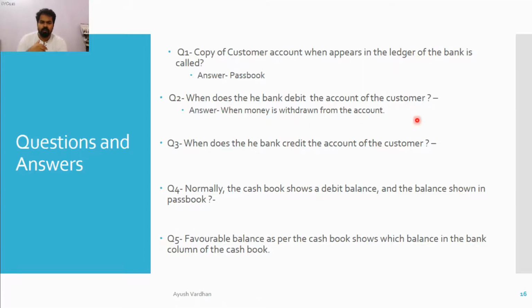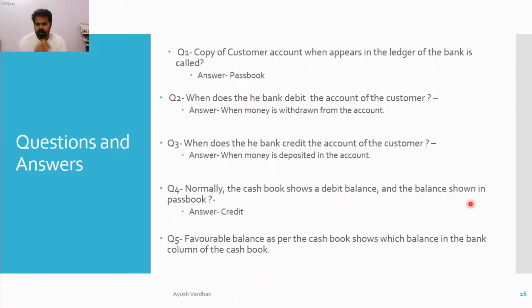If you are withdrawing money, that is debit, and if you are depositing money, that means credit. Normally, the cash book shows a debit balance, and the balance shown in the passbook is a credit balance. We know these are opposite. If cash book debit, passbook credit; passbook debit, cash book credit. So these run in opposite.